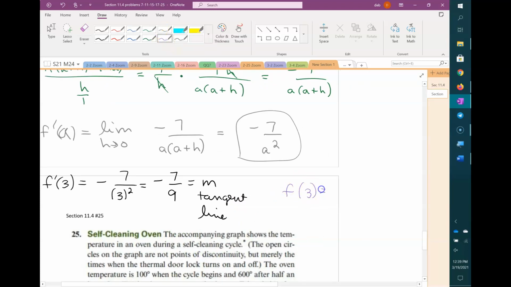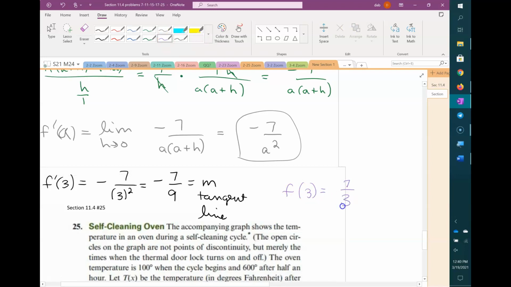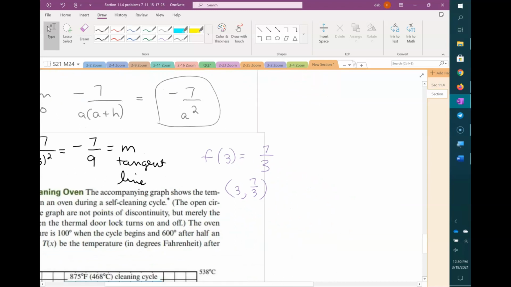So go back to the original function. 7 over 3. So the point (3, 7/3) is your point on your line. And now we can use the point slope form. y minus 7/3 equals our slope of negative 7/9 times (x minus 3).